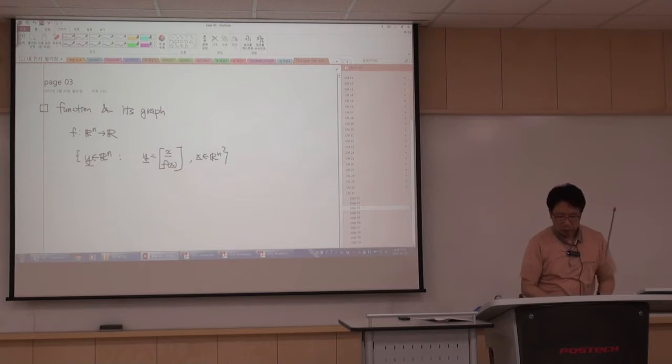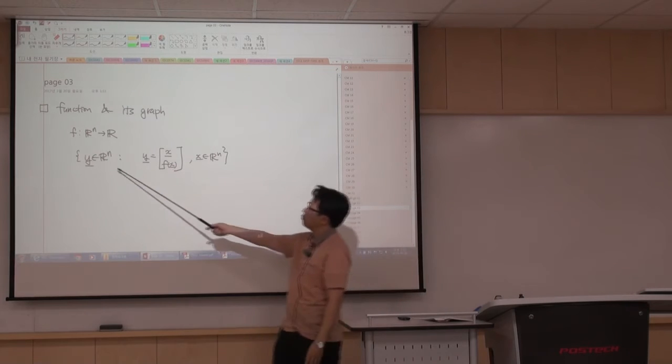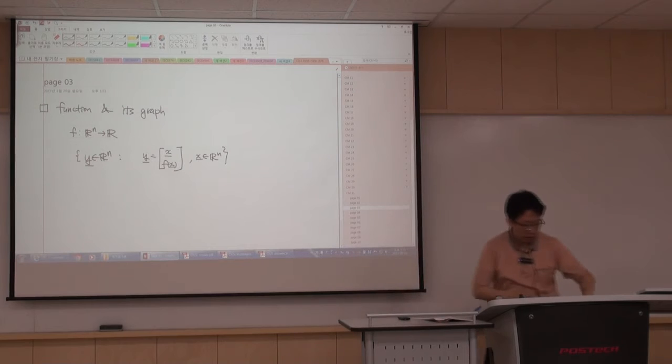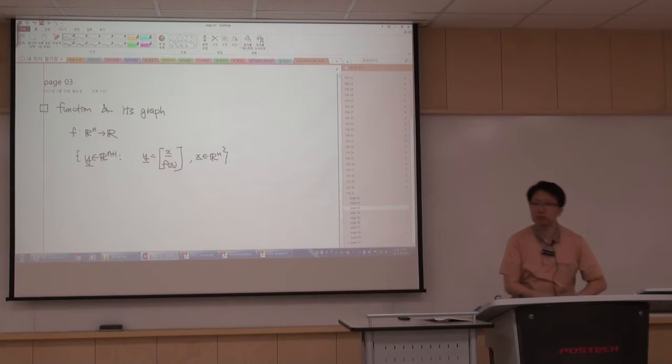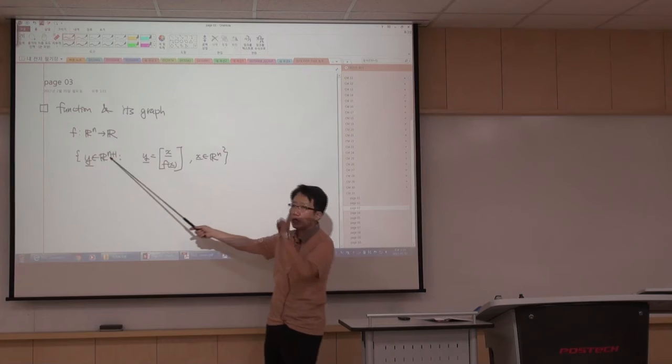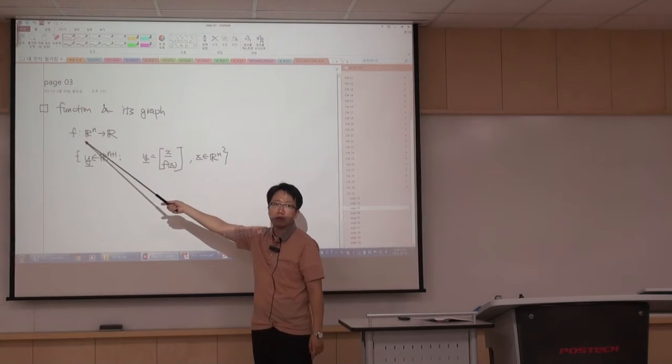So a graph is a set of points in R^(n+1), one dimension higher than the original function's dimension.